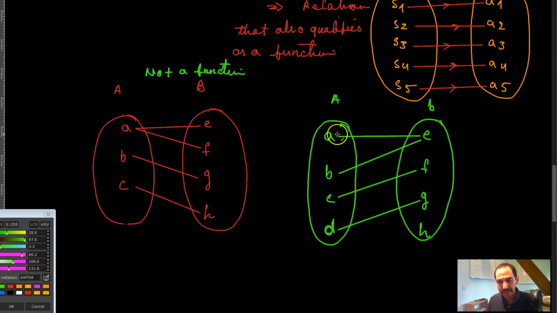So you see that this element over here has one and only one image in the codomain. This element has one and only one image, and so does this one, so this is a function.